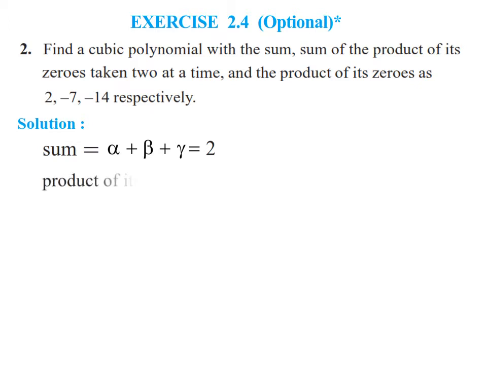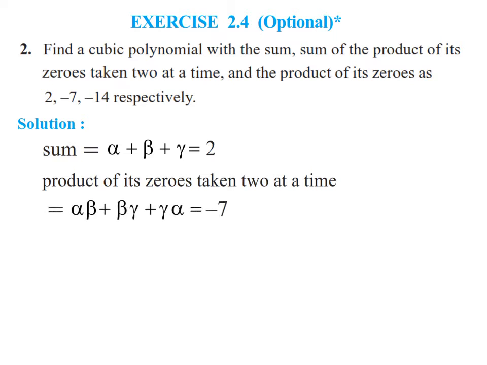Then the sum of the product of its zeros taken two at a time can be written as alpha beta plus beta gamma plus gamma alpha, which equals -7, and the product, alpha into beta into gamma, equals -14. So whenever you have the sum of zeros, the sum of the product of the zeros taken two at a time, and the product alpha beta gamma, then you know the polynomial form.